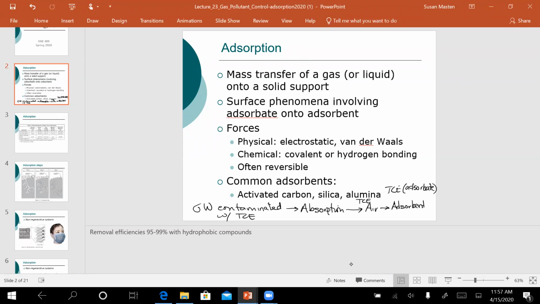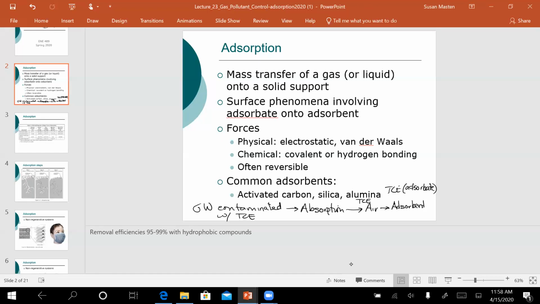The forces that hold these chemicals can either be physical, so there's your electrostatic or van der Waals forces. We'll talk a little bit more about this later. Or they can be chemical, so they could be covalent or hydrogen bonding. And in the cases typically of physical attraction, those reactions are reversible.